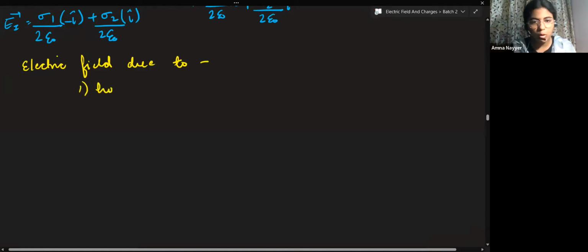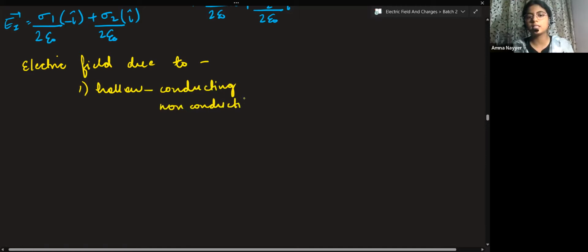One is hollow conducting. In case of hollow spheres, you have conducting as well as non-conducting. So conducting as well as non-conducting spheres. And electric field due to solid, but only conducting.